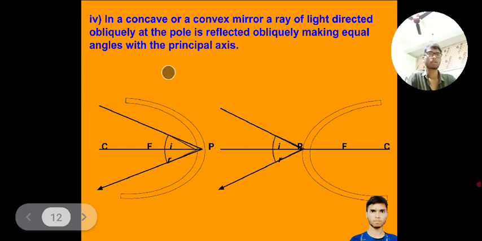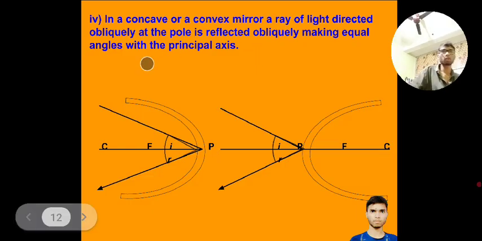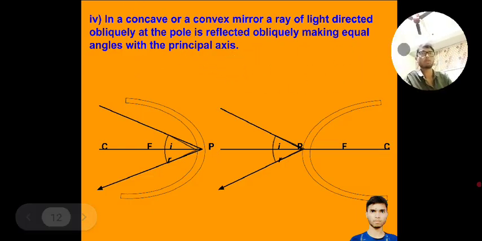Now next, in a concave or convex mirror, a ray of light directed obliquely at the pole is reflected obliquely, making equal angles with the principal axis. A ray is coming which is not parallel, and it is hitting the pole. Now what will happen?